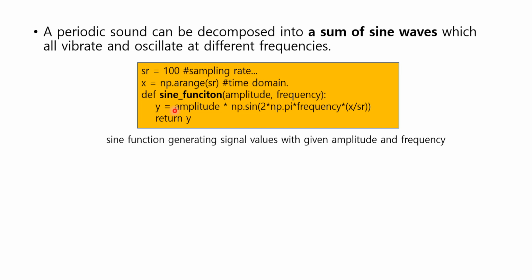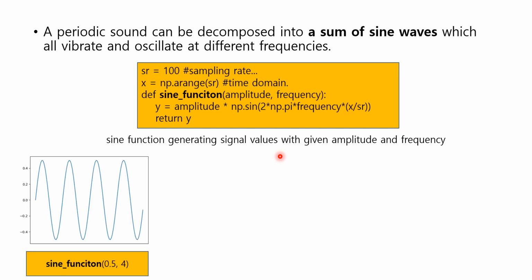It returns y equals amplitude times sine of 2 times np.pi, which gives the sine values for one cycle, times frequency times x over SR, where x is the time domain and the sampling rate is 100.